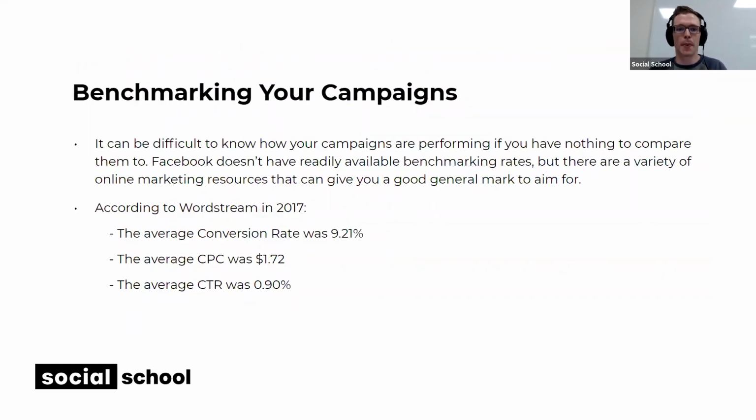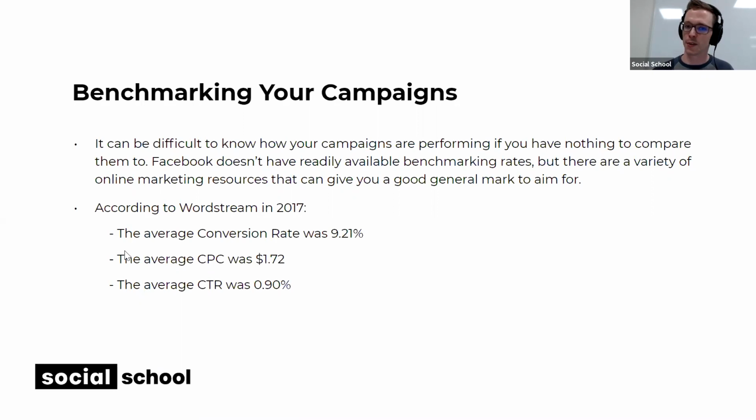So, benchmarking campaigns. This is one of the hardest ones that I find for myself specifically. Once I start getting into reporting and the numbers and data to provide to a client, I tend to report something like this. So, hey, our conversion rate for the month was 9.21%.